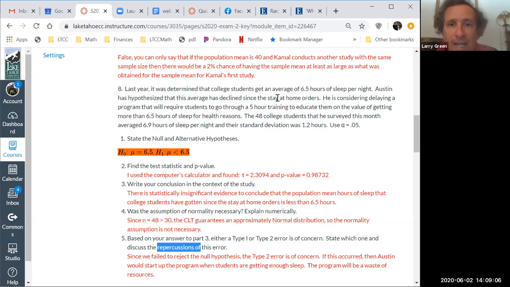Well, if he's not able to show that the amount of sleep declined, then he's not going to delay the program. He's going to have this program. Okay, but it did decline. Okay, does that make sense?